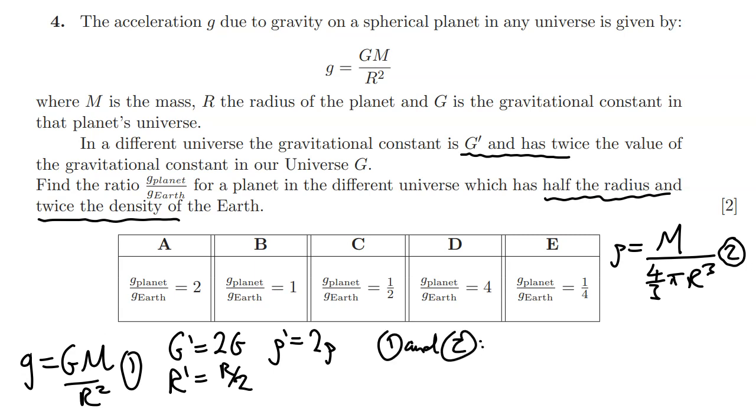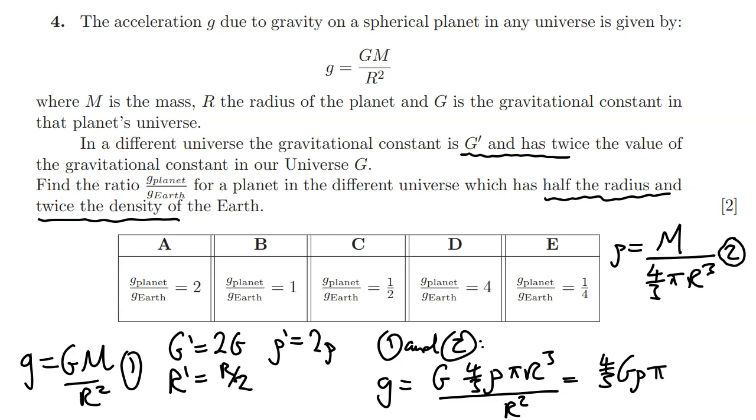Well, we get g equals big G times M, which we can get from equation 2, we know is 4/3 rho pi r cubed, divided by r squared, which equals 4/3 big G rho pi r.